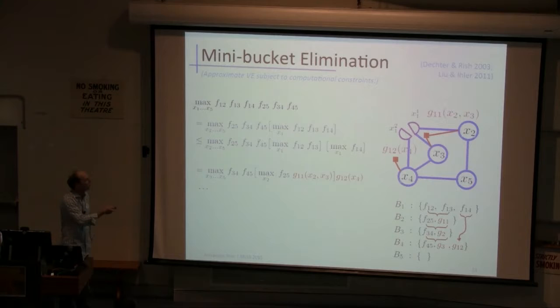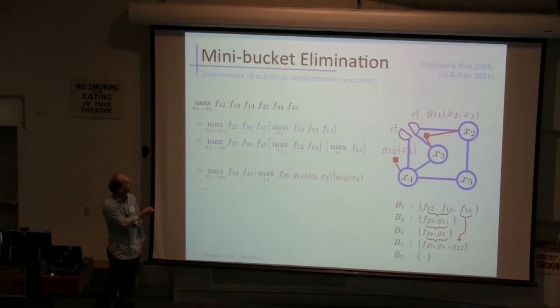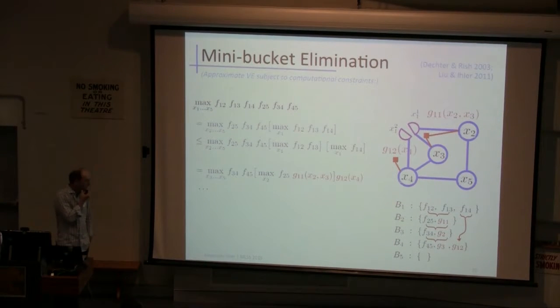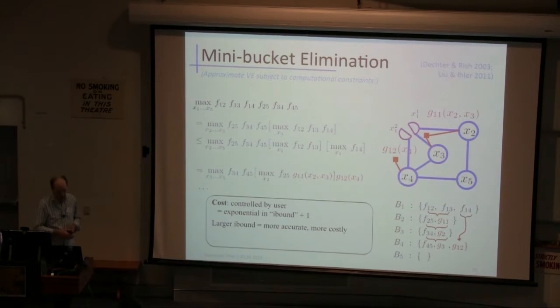So then you just proceed doing exactly the same thing that you did in variable elimination. So this now creates a new factor over 2 and 3. This creates a new factor over x4, and then you just keep processing in sequence. And so this is a classic idea that is typically used for creating search heuristics and doing approximate elimination.